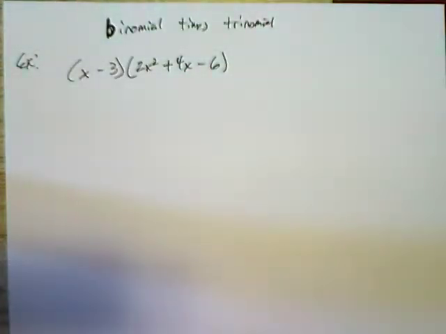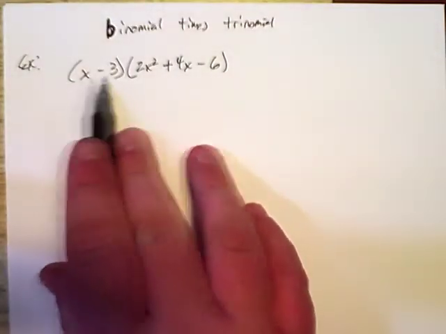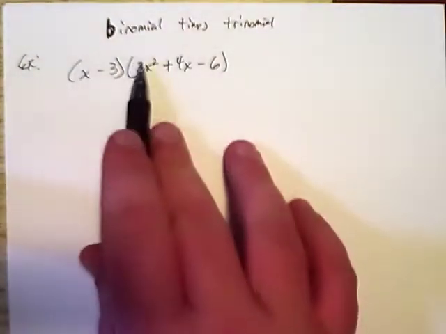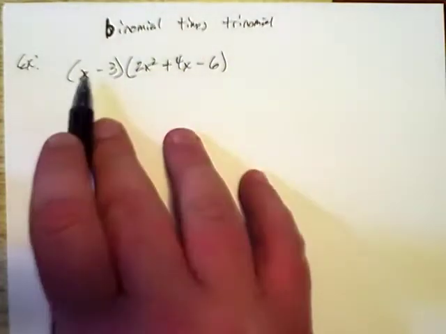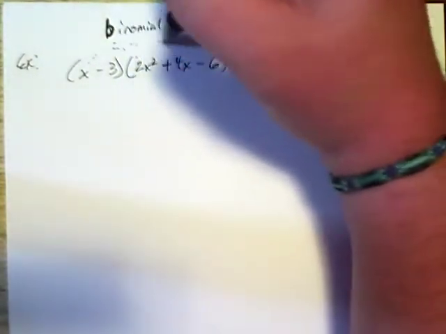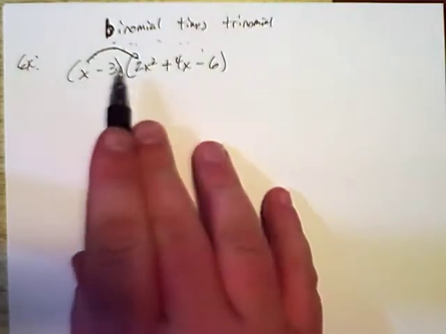All right, the process is still the exact same. I need to distribute every term from the first polynomial, and I'm going to distribute to every term in the second polynomial. So this x is going to get distributed to the 2x squared, 4x, and the negative 6. So here we go. X times 2x squared.